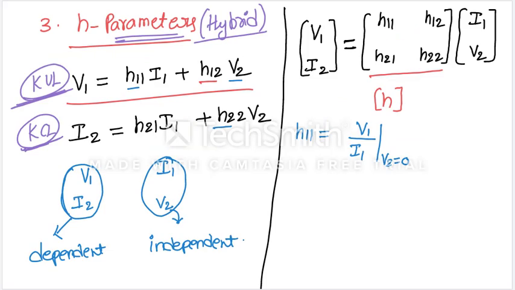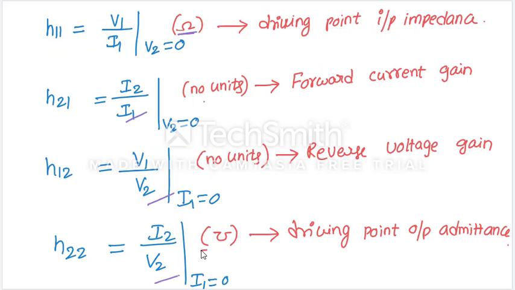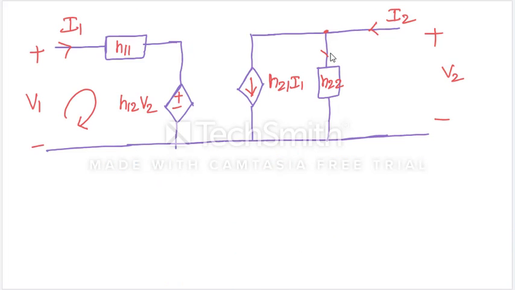H22 is an admittance, with units of mho, so to get the current we multiply with V2, whereas for an impedance we would divide. Like this we need to see the analysis.